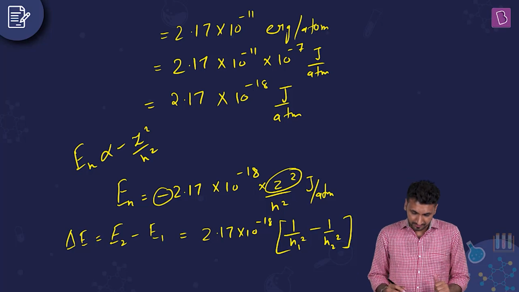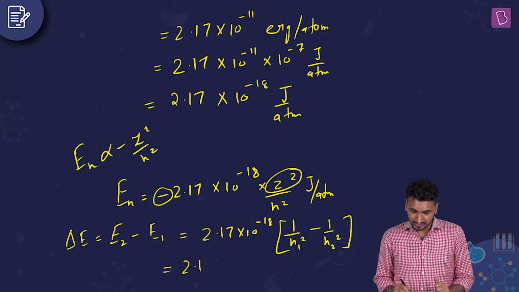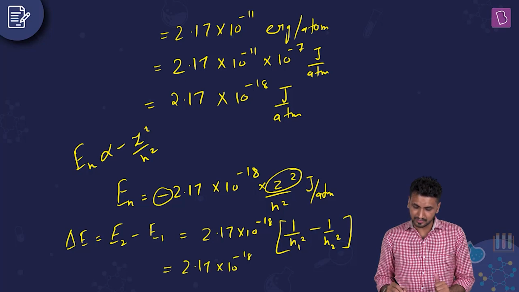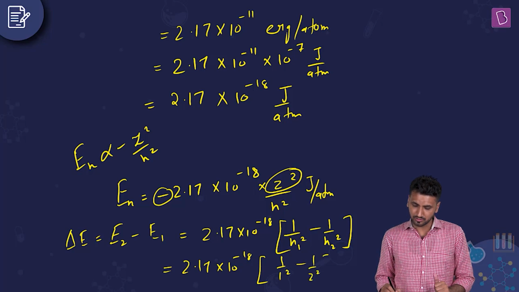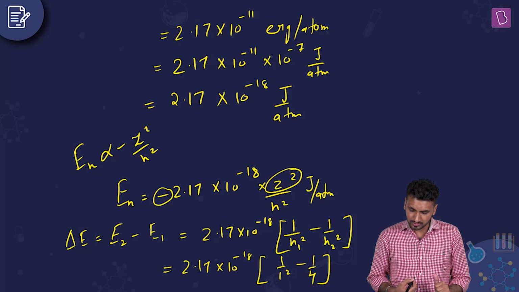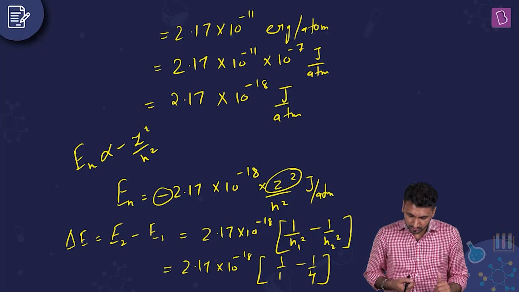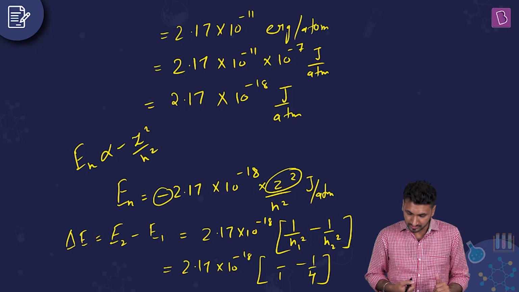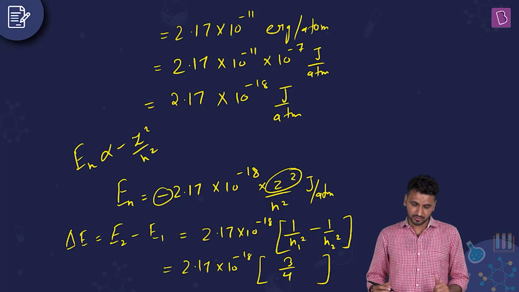Calculating further, this will be 2.17 into 10 raised to power minus 18 into 1 by 1 square minus 1 by 2 square. 2 square is 4, 1 square is 1, so 1 by 1 minus 1 by 4 becomes nothing but 3 by 4.